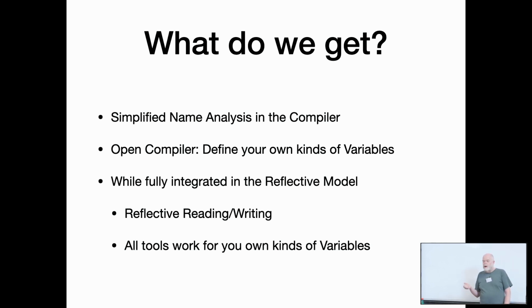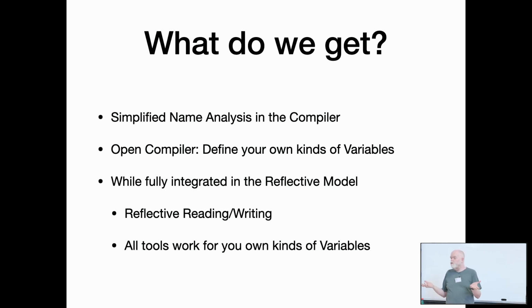We get an open compiler. So what used to be classes private to the compiler are now classes of the reflective model. And this means that you can actually define your own kind of variables. And it will work both from a compilation point of view and from a tool point of view. So if you define your own kind of class variable, then it will still work with the inspector, because your own kind of class variable will have to implement the code generation point, but it needs to implement the reflective API too.